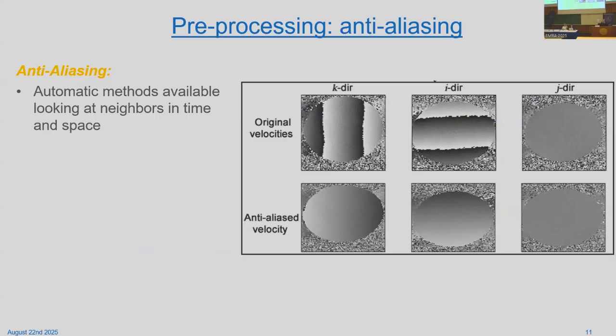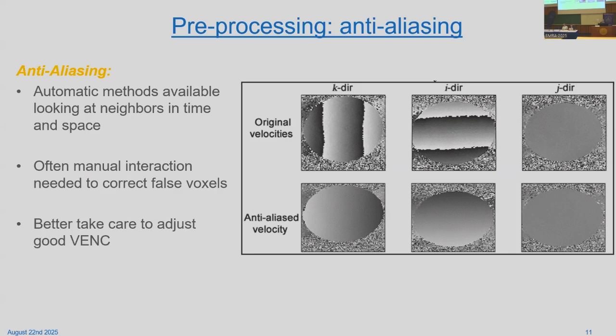I don't want to go today into details because I only have 12 minutes. So what you do, you look at the neighboring voxels and then try to figure out if the voxel is aliased or not, and then correct for it. Usually this is done automatically, but if you have very narrow vessels, you actually might have to go in manually and correct it.